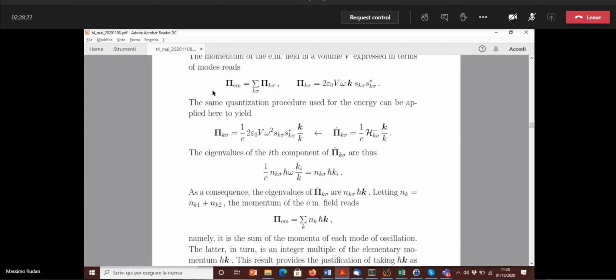But you can divide and multiply this K by omega. So you obtain an expression that is in the second line. You divide by omega and you express omega as C times K. And then, of course, you multiply by omega, so omega becomes omega squared.